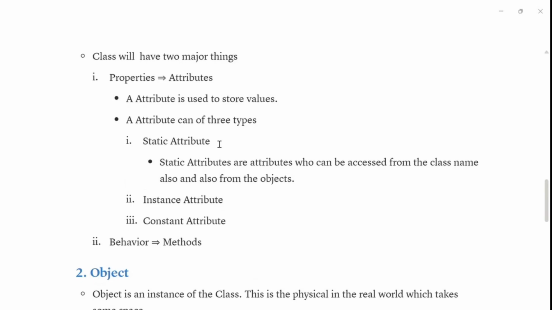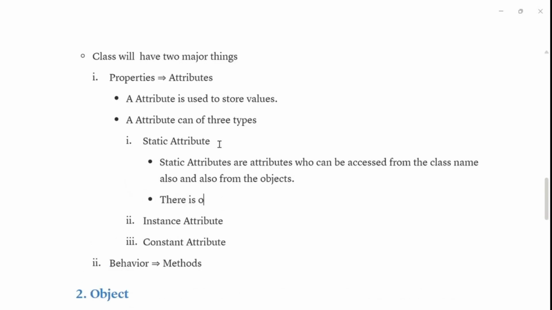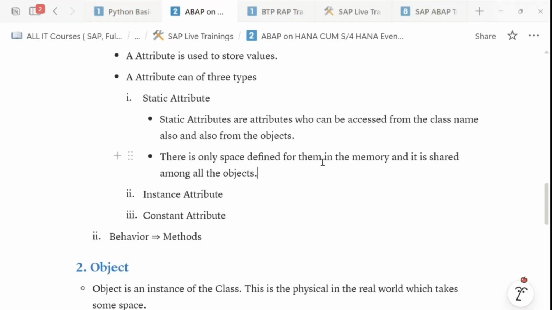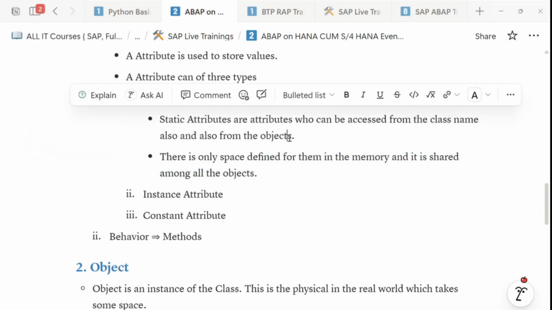There is only one space defined for them in the memory, and it is shared among all the objects. They can be accessed from the class name and also from the object name.